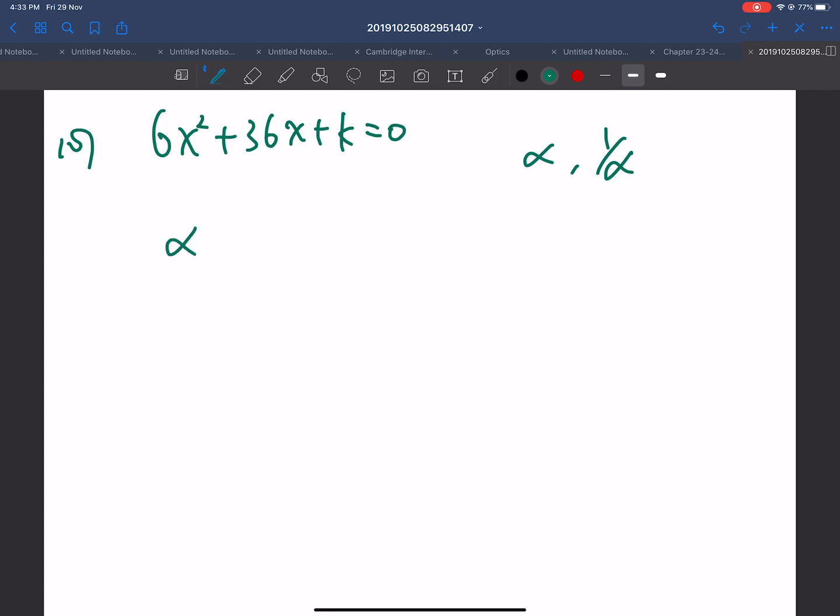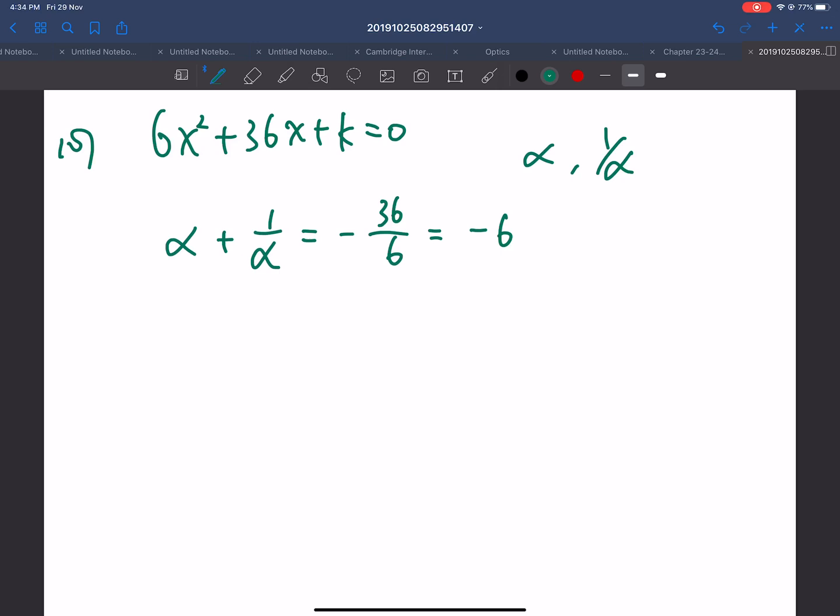Sum of the roots is alpha plus 1 over alpha. Sum of roots is minus b over a. We get negative 6.